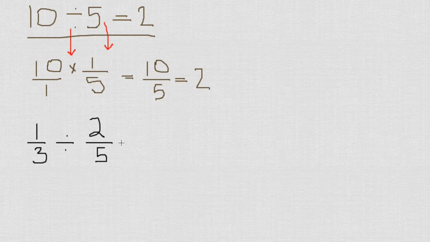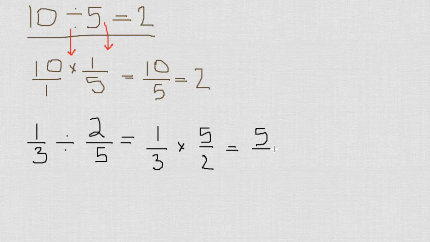Now remember, in our example problem up here, the 10 didn't change at all. So the first term is not going to change. It's still going to be 1/3. And now I'm going to change it to a multiplication problem at the same time that I flip the second fraction. I find its reciprocal. And now I can do a regular multiplication problem and multiply straight across. 1 times 5 is 5, and 3 times 2 is 6.